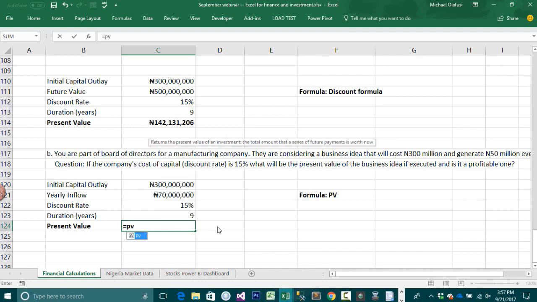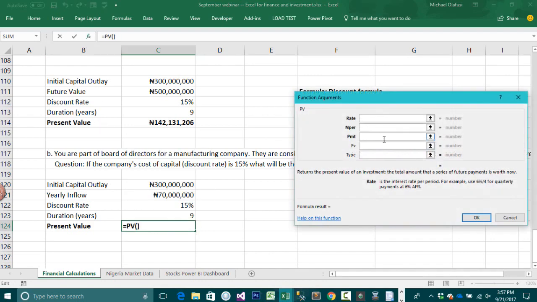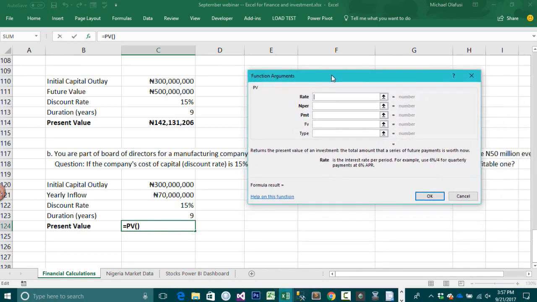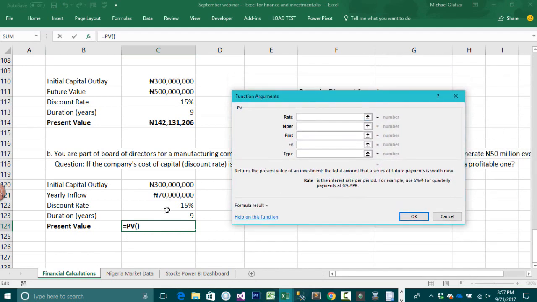So equal to PV, and then I use FX, and then what is the rate we are going to discount to? This is the rate, 15%. What's the number of periods? Over 9 years. And then how much is it giving us every year? Every year it's giving us, if you remember I put a minus there, 70 million naira. In this case, there's no FV, there's no type.